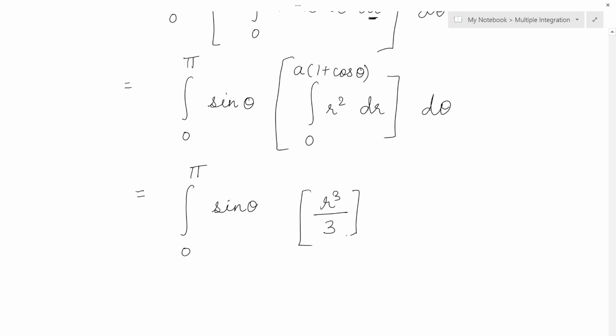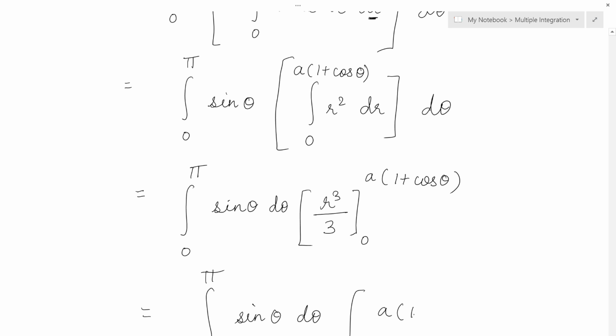So the limits of integration are 0, a into 1 plus cos theta. Right? And the limits are d theta, so 0 to pi, sine theta d theta. If I substitute the limits, it will be a into 1 plus cos theta whole cube by 3.